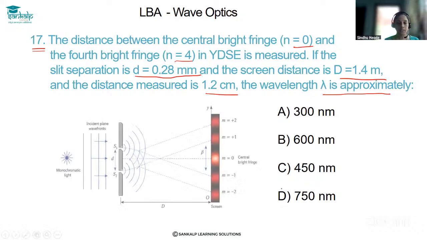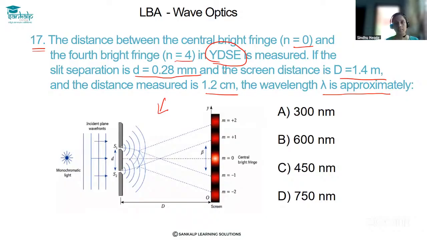Look at this image. This question is related to Young's double slit experiment. YDSE means Young's double slit experiment. Here we consider two fringes, n equal to 0 to n equal to 4.